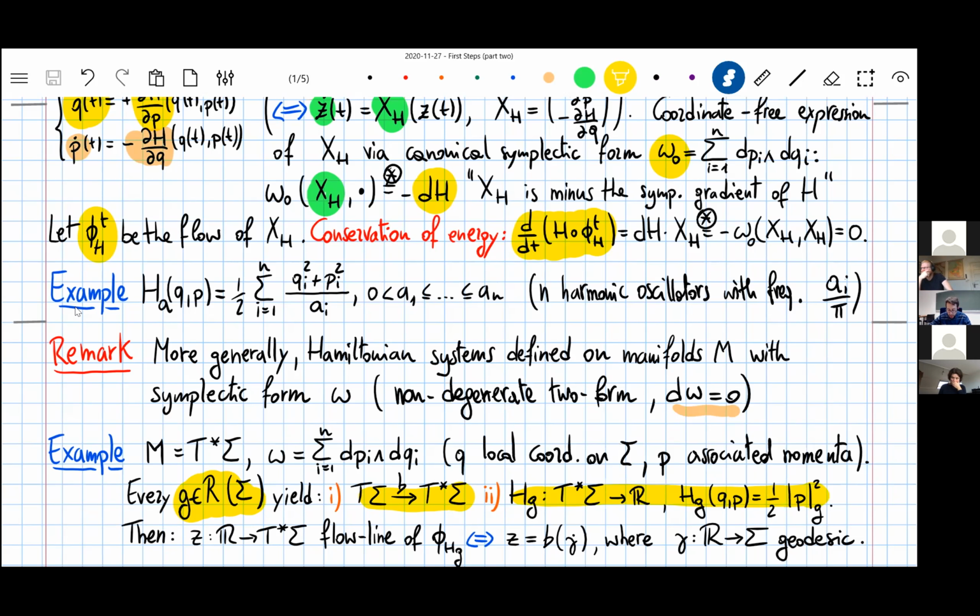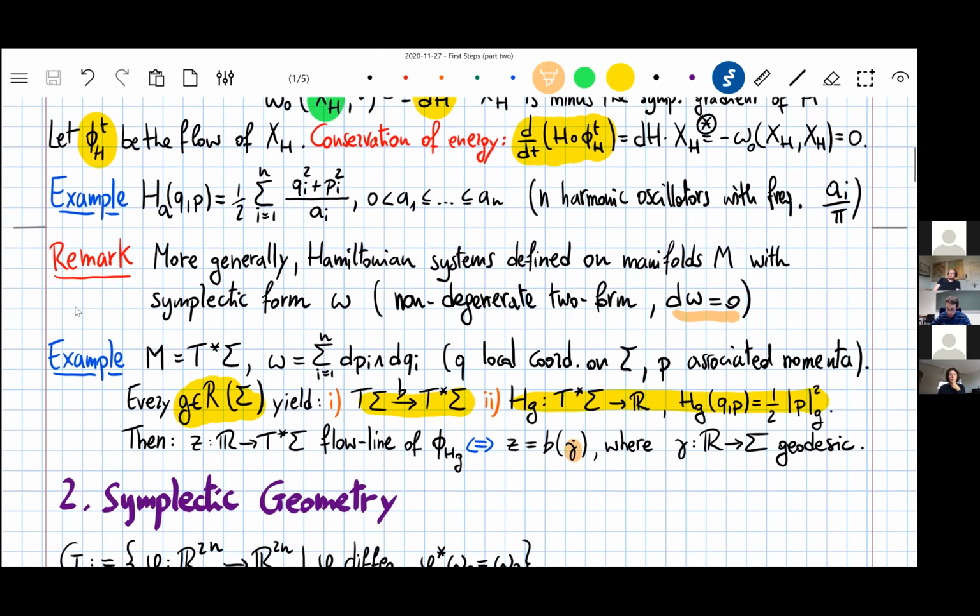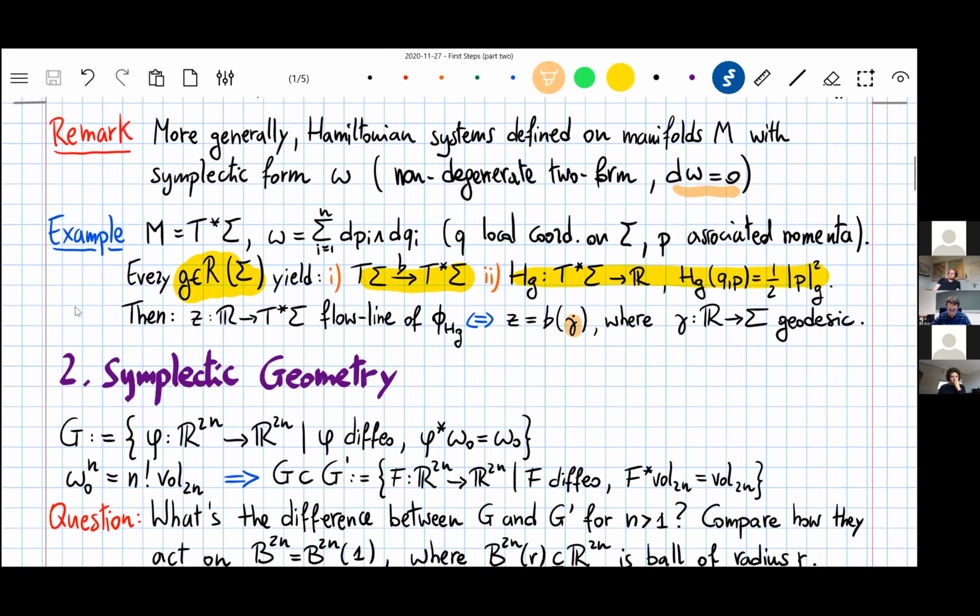And then a very nice result is that if you have a flow line for the Hamiltonian vector field of this Hg, it is exactly obtained by taking the velocity vector gamma dot and bringing it to the cotangent space using the duality, where this gamma is simply a geodesic for the metric. So we start to see that there's this nice connection between these two worlds.